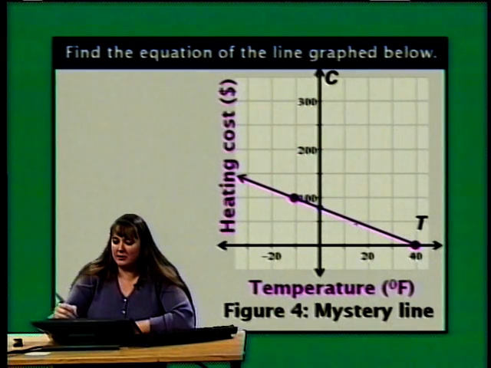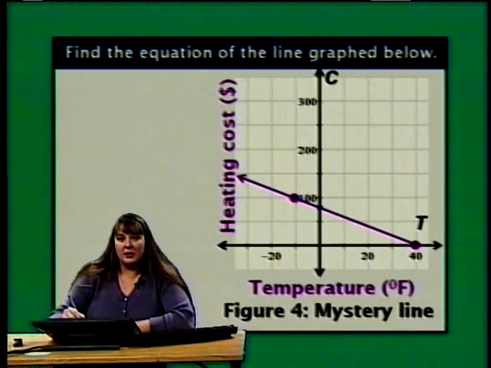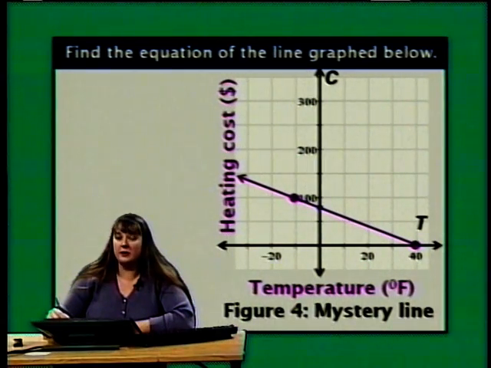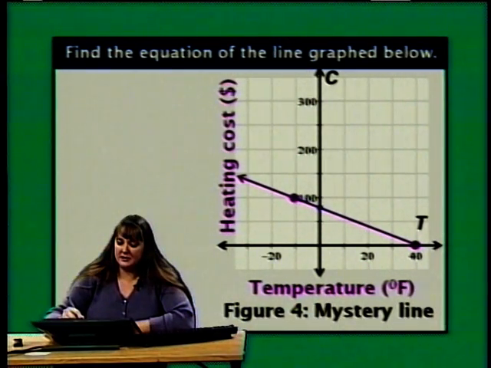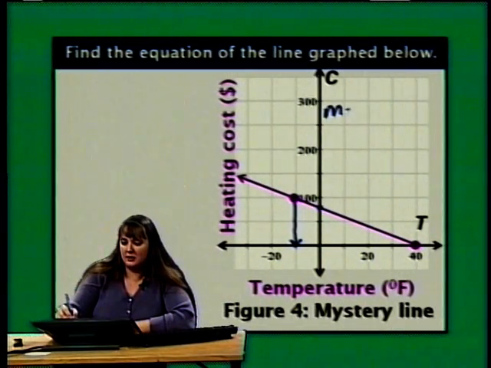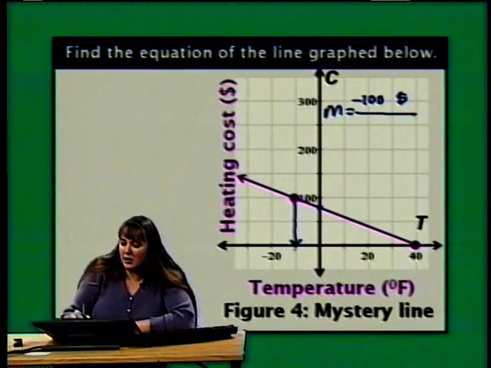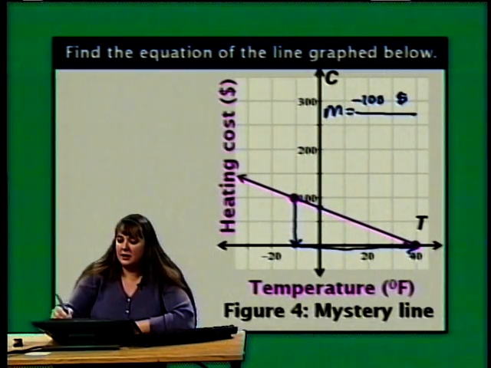So let's determine what the slope would be here. Looking at the point negative 10, 100 and the horizontal intercept 40, 0, it looks like I have a rise of negative 100, and this is measured in dollars, over a run of 50, and this is measured in degrees Fahrenheit.